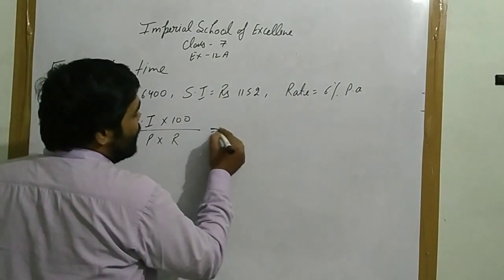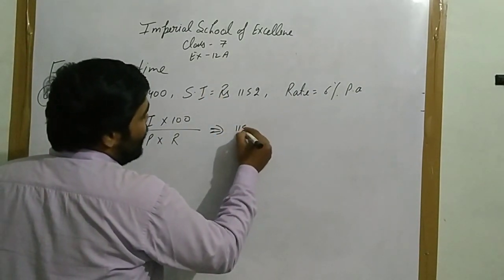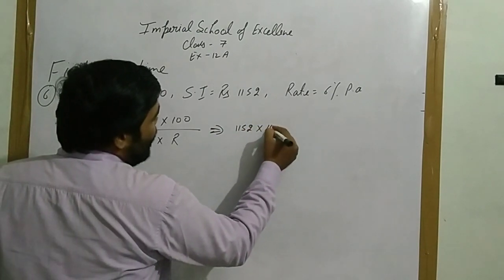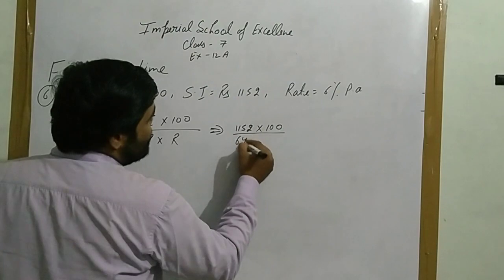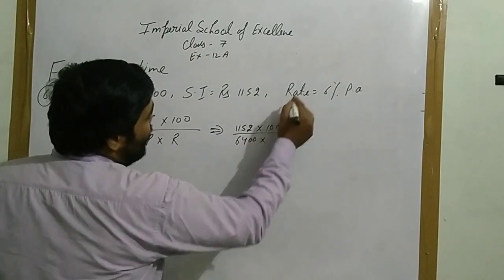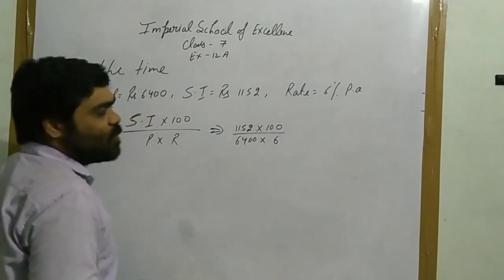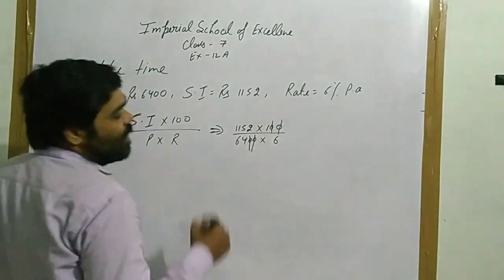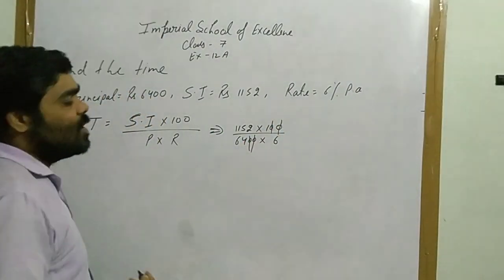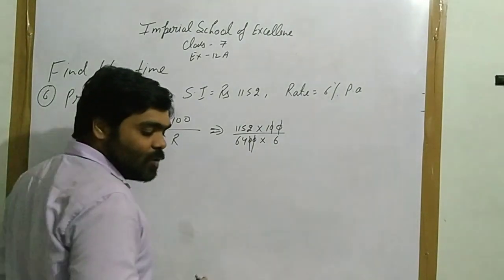Now the simple interest is 1152 multiplied by 100 upon principal 6400 multiplied by rate 6%. Cancel out all this, meaning 1152 upon 64 into 6.